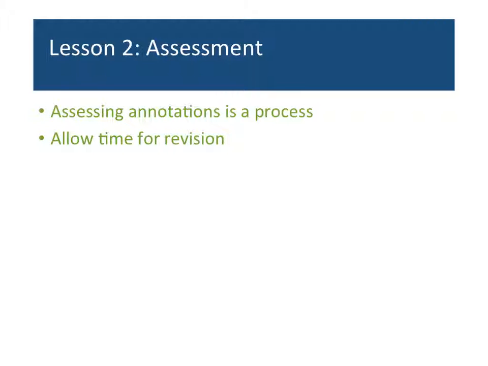Giving students time to revise, to go back and reread and redo sections of their annotations, will help them hone that skill so that they're really getting the most important parts. In Lesson 2 there is a checklist for you to use, but it might, again, just be a formative assessment so that you can see where students are and give them feedback on where they need to go.